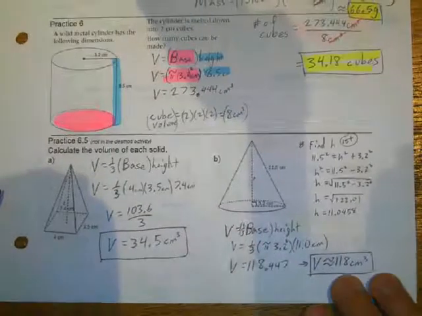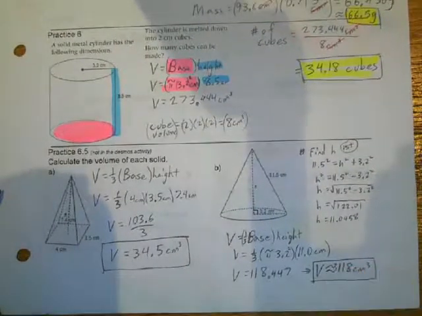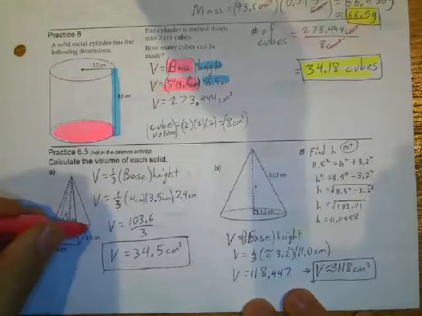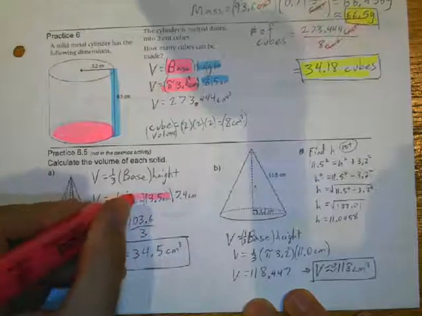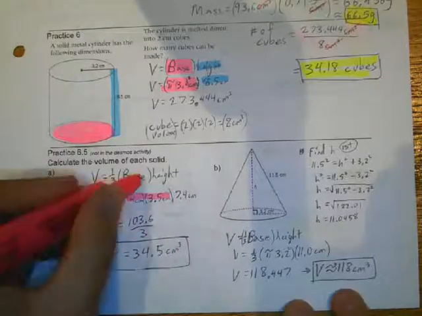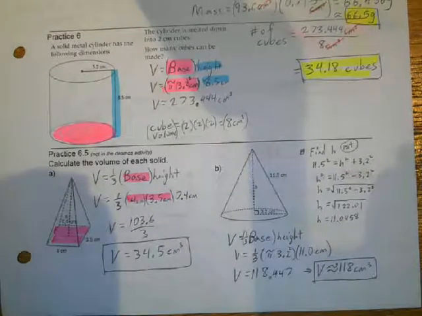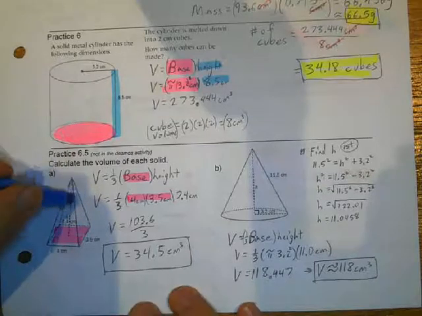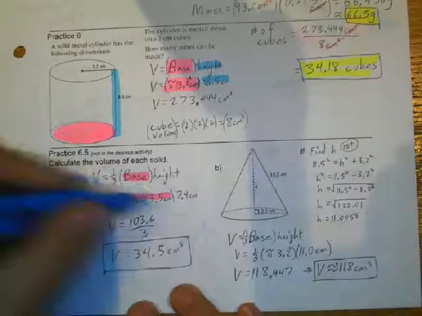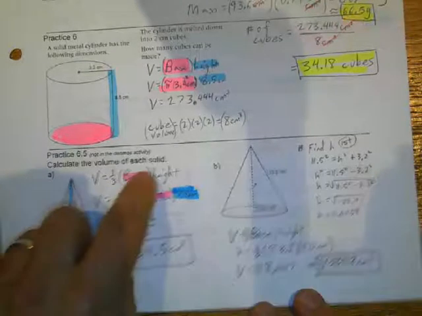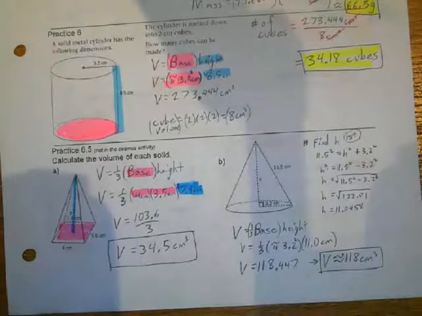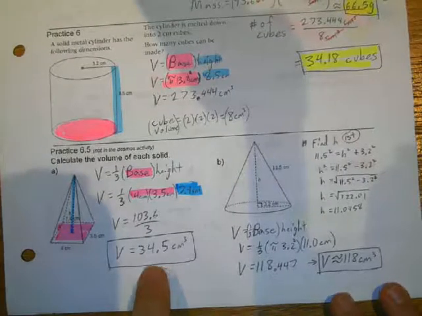So the base area is 4 times 3.5, and the height of our pyramid is 7.4, and since it's a pyramid, we're going to multiply it times 1/3, and then we get our volume.